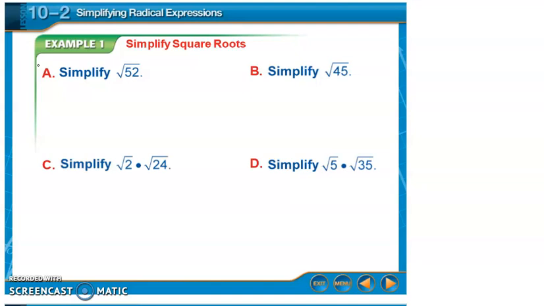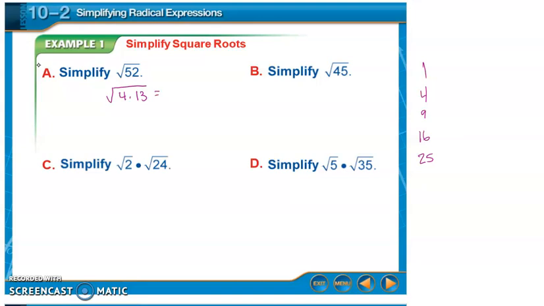So we're going to simplify the square root of 52. If you look at this perfect square list, 1, 4, 9, 16, and 25. Usually that's about as high as you need to go. You can find the perfect square factor of 52. And the perfect square factor of 52 is going to be 4. So I can rewrite this as the square root of 4 times 13.